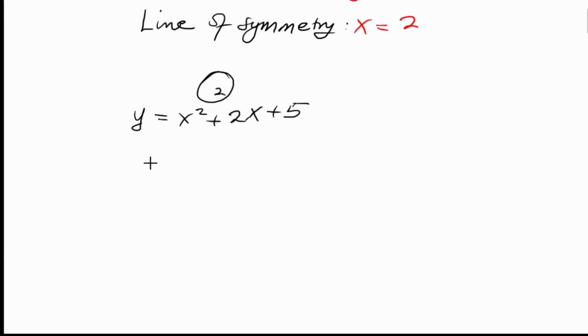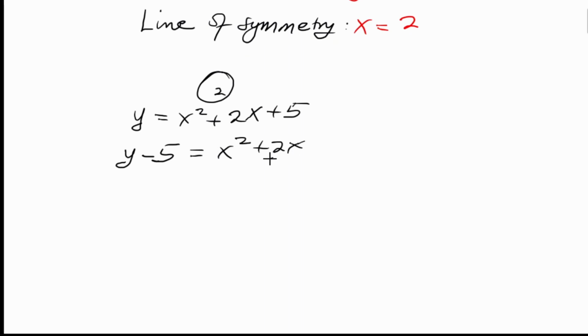Again, we have to find the coordinate of the vertex of the equation y equals x squared plus 2x plus 5. So we start just the way we started with question 1. We move the constant term, which is the c, to the left hand side to join the y, and that gives us y minus 5 equals x squared plus 2x.